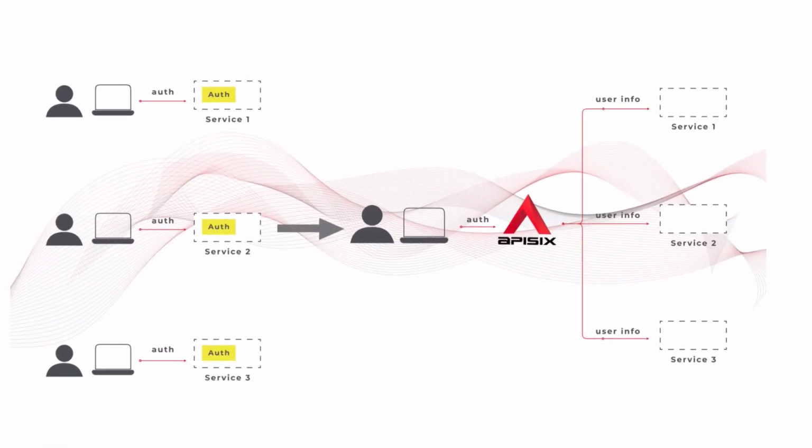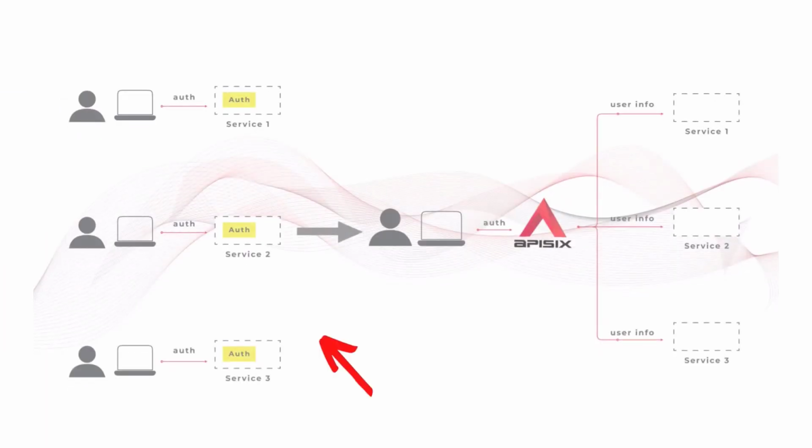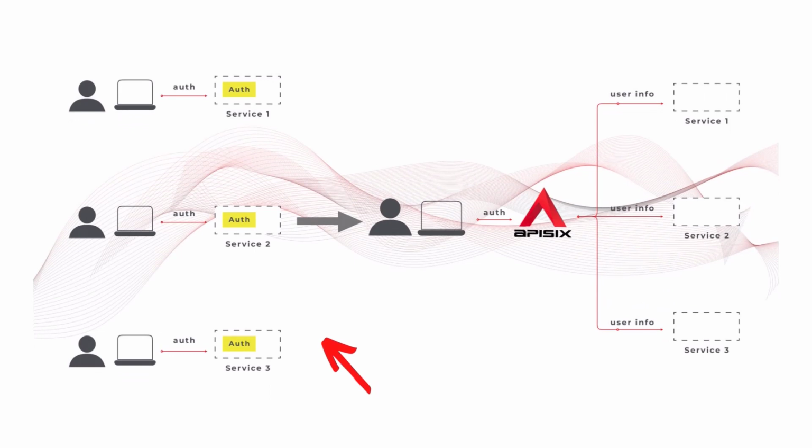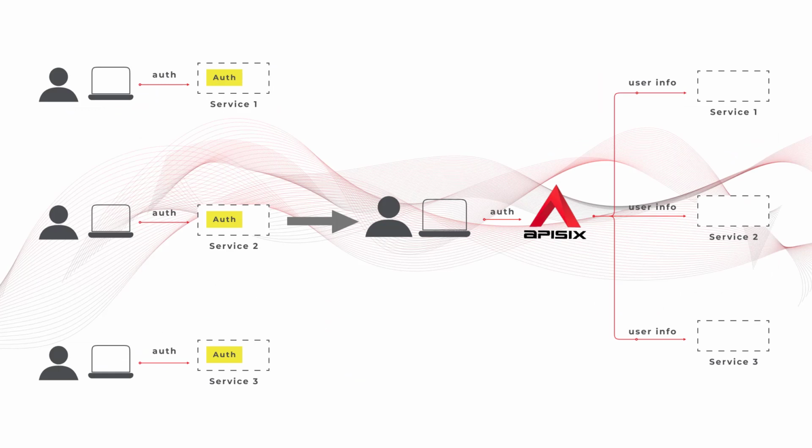Firstly, let's talk about the Centralized Authentication model. Apache APISIX can be used as a Centralized Authentication gateway. For example, you have three services that you want to expose. The diagram on the left shows a more common traditional authentication approach. Each application service needs to develop a separate authentication module that is used to support a set of process handling for authentication.